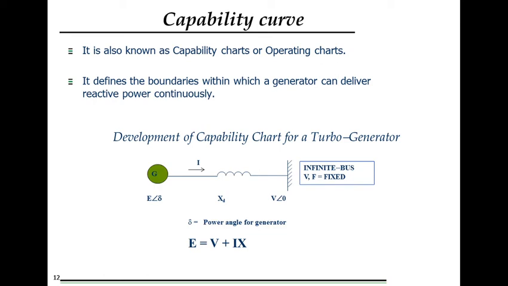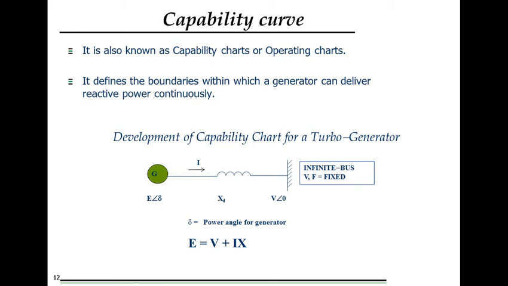The capability curve of a synchronous generator defines a boundary condition within which the machine can operate safely. It is also known as operating charts or capability charts. The capability curve basically defines the thermal limitations of the generator.